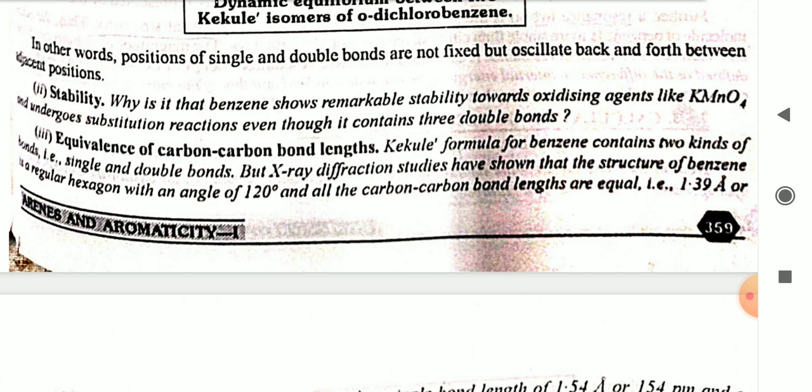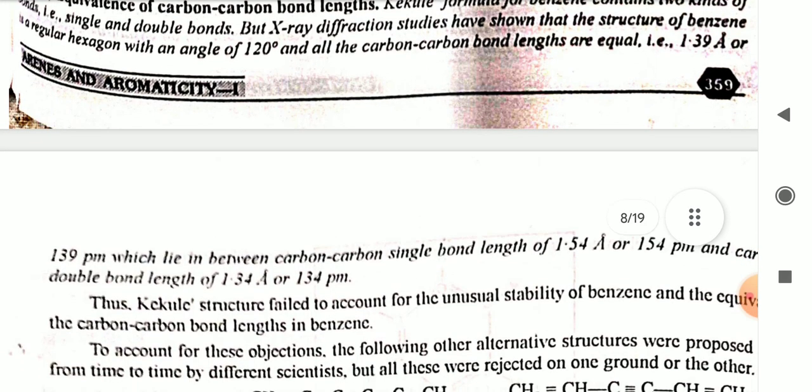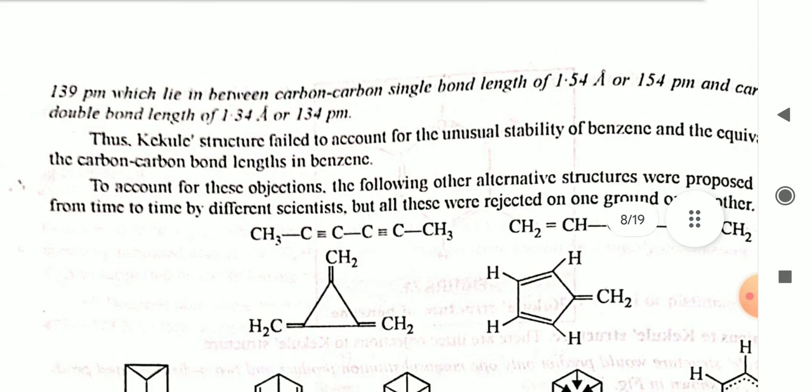carbon bond length. The Kekulé formula for benzene contains two kinds of bonds, single and double. But X-ray diffraction studies have shown that benzene is a regular hexagon with angles of 120 degrees and all carbon-carbon bond lengths are equal, 1.39 angstrom or 139 picometer, which lies in between the carbon-carbon single bond length of 1.54 angstrom or 154 picometer and the double bond of 1.34 angstrom or 134 picometer.